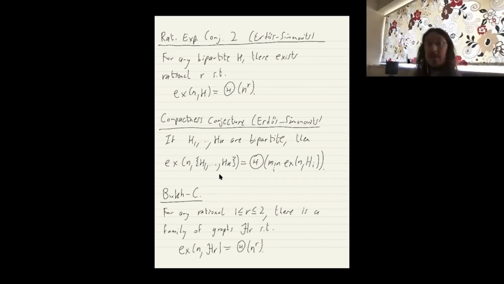So the only difference between this and the conjecture as stated by Erdős and Simonovits is that we don't get a single graph. We get a family of graphs instead of a single graph. And it's still open to try and reduce this back down to single graphs.